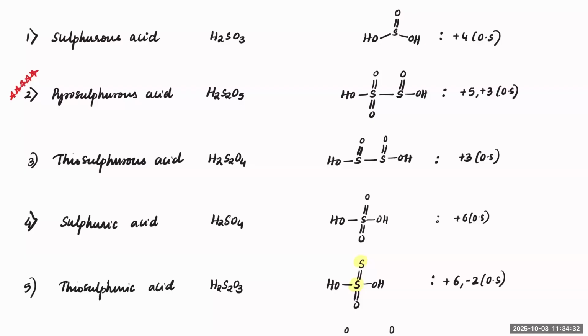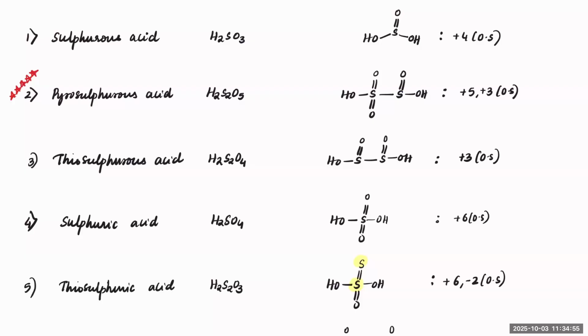This is about H2S2O5. Which one is +5? Which one is +3? Now notice this. This one is +3 and that one is +5. Next, thiosulfurous acid.